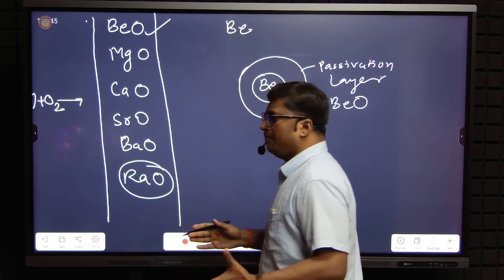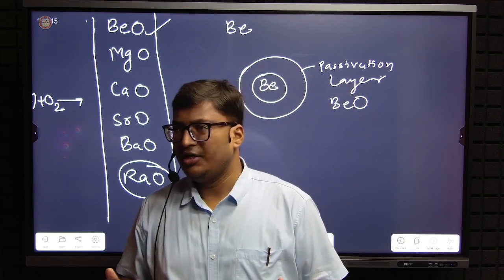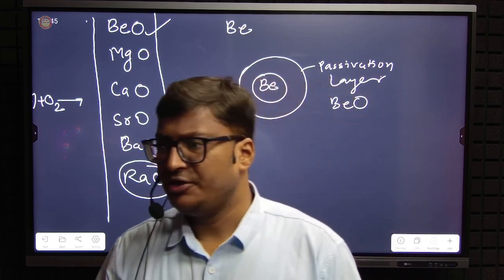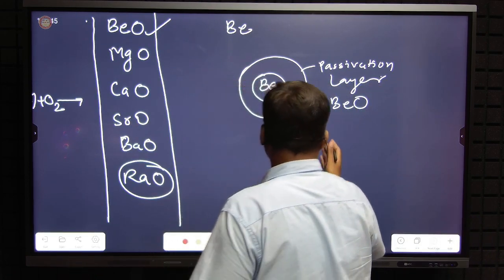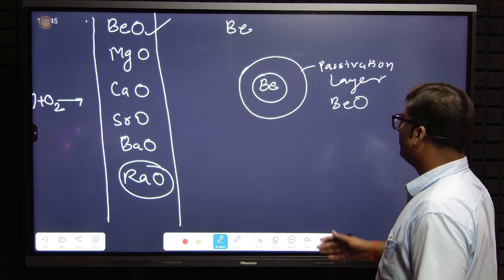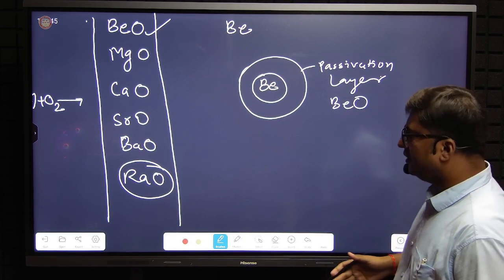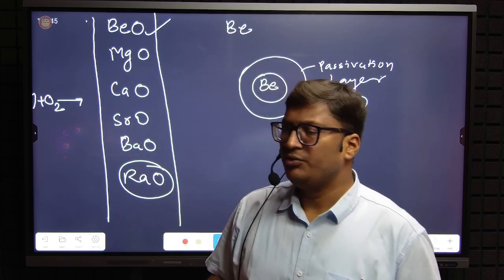So beryllium metal is actually passivated through a layer of beryllium oxide in the natural state. So they are not actually more reactive with the oxygens.